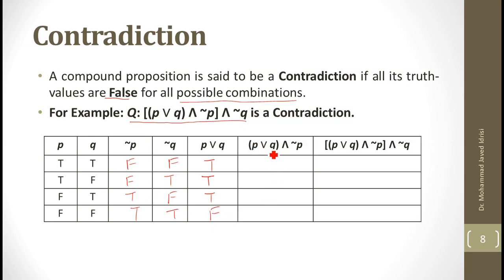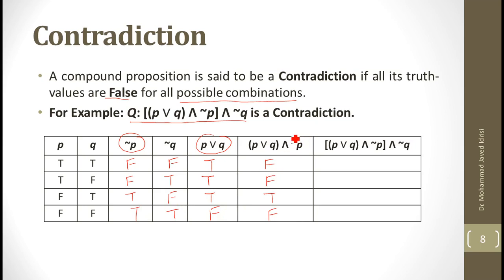Now (P or Q) and negation of P means the fifth column and the third column. So true and false is false, true and false is false, true and true is true, false and true is false.